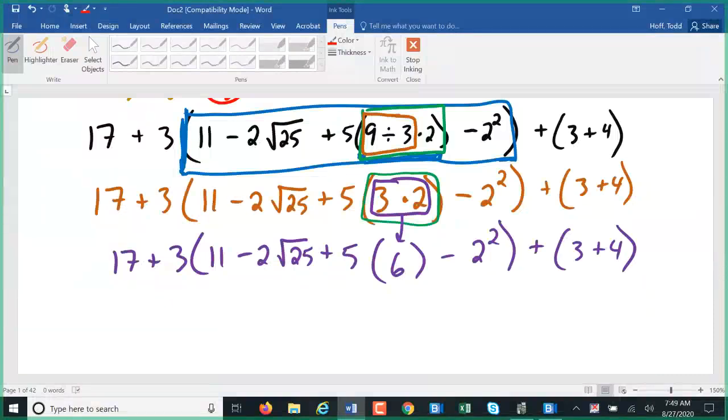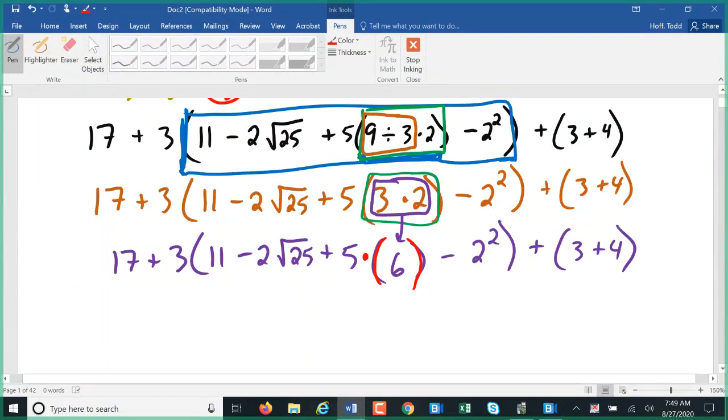Right now, it's not working as an enclosing symbol anymore. The only thing this parenthesis is signifying right now is actually the operation of multiplication. Anytime there's a number outside of parentheses, it's implying that number multiplies by what's inside the parentheses.